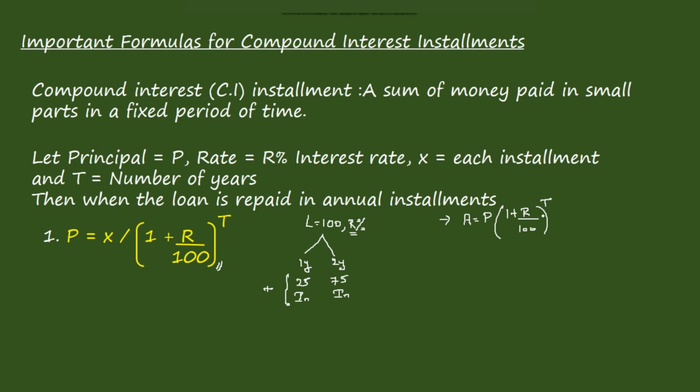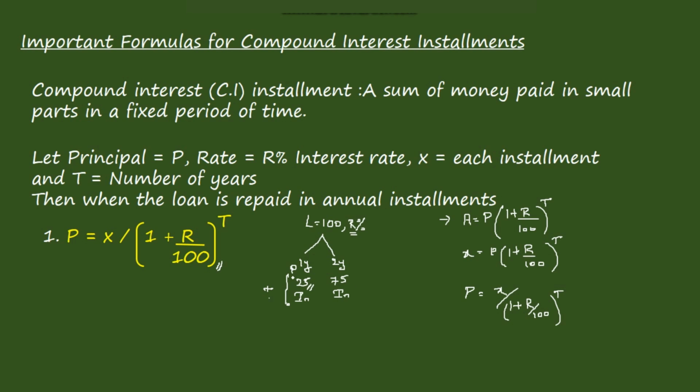Consider the first year: the total amount paid is X, and the principal is what we want. Substituting, X is equal to P into 1 plus R by 100 whole power t. Then P is equal to X by 1 plus R by 100 whole power t.